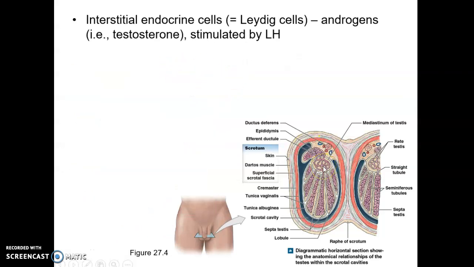So in terms of the endocrine function, there are interstitial endocrine cells, also called Leydig cells, that produce male hormones, androgens like testosterone, and they're stimulated by luteinizing hormone, which is produced by the anterior pituitary gland. So spermatogenesis and the maturation of sperm.